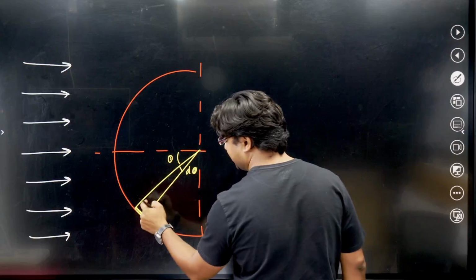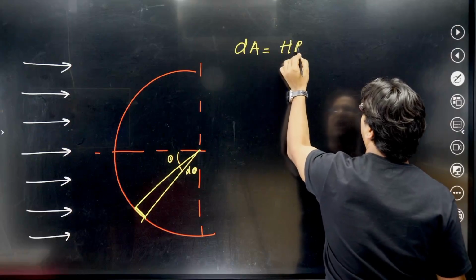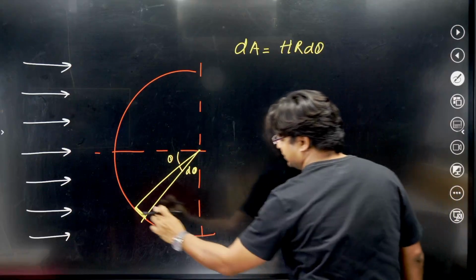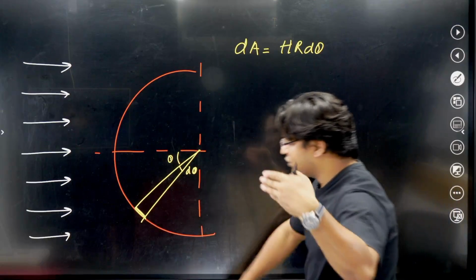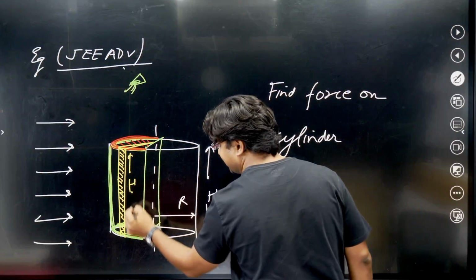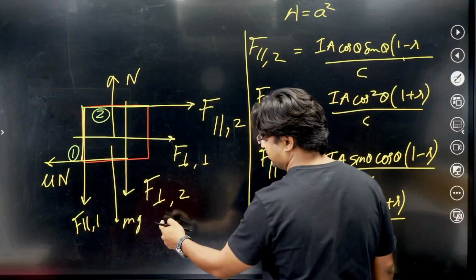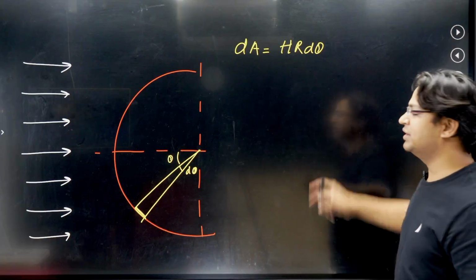So what will be the area of this strip? It would be h r d theta. Imagine this length would be r d theta. The depth in this figure, I will call it the depth, is h. So depth is h into r d theta, that is the area.